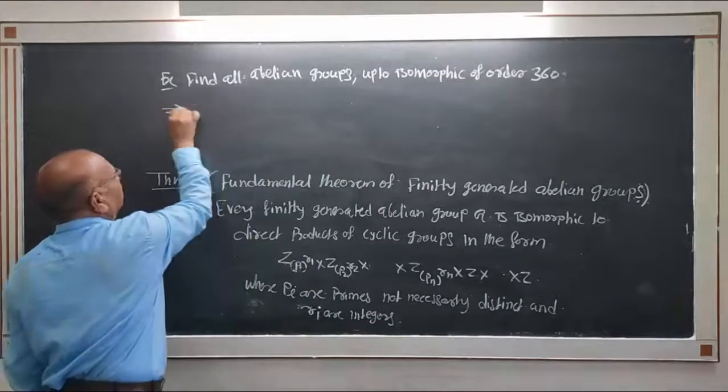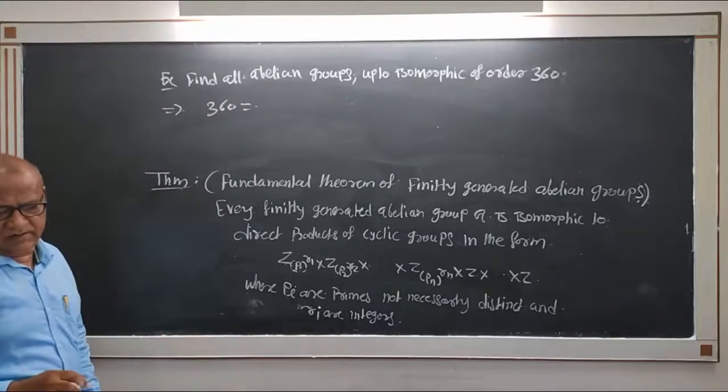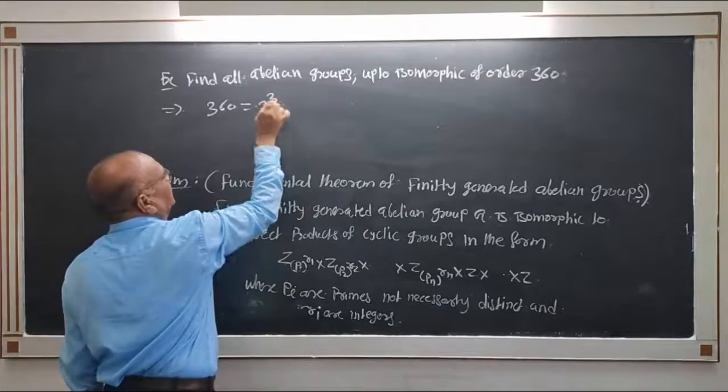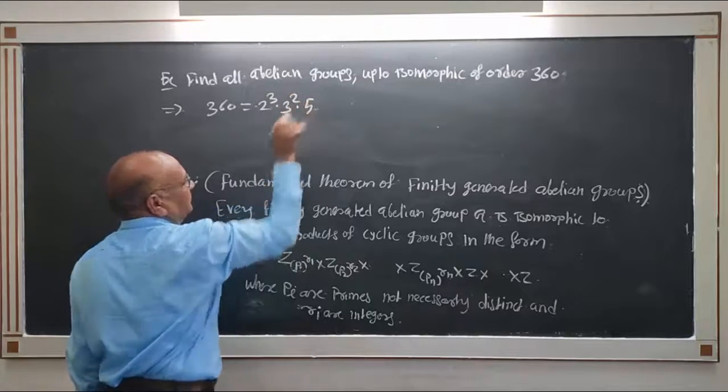Here 360 can be written as 2 cube into 3 square into 5.